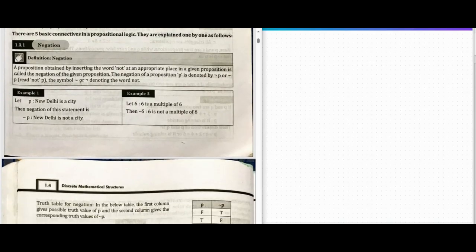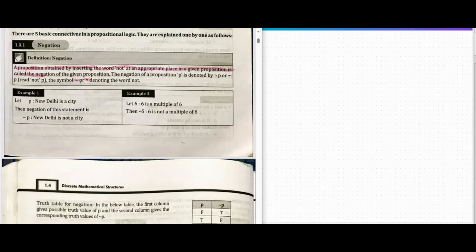Negation is a proposition obtained by inserting the word not at an appropriate place in a given proposition, and it is represented by a symbol. Any one symbol can be used to represent the negation.